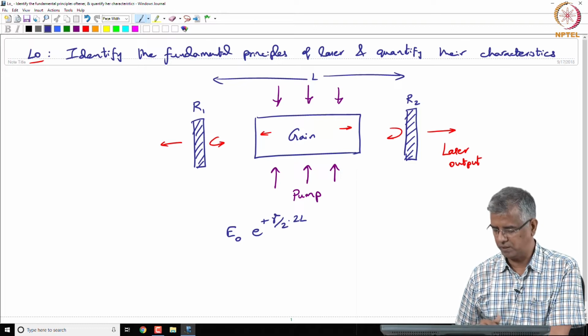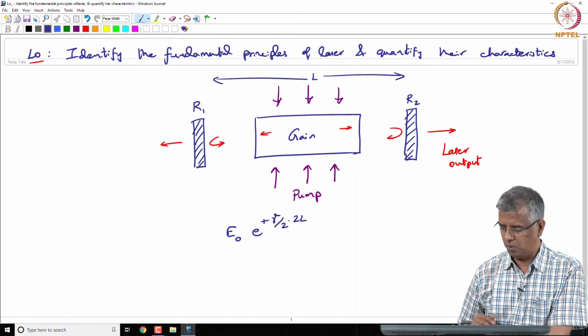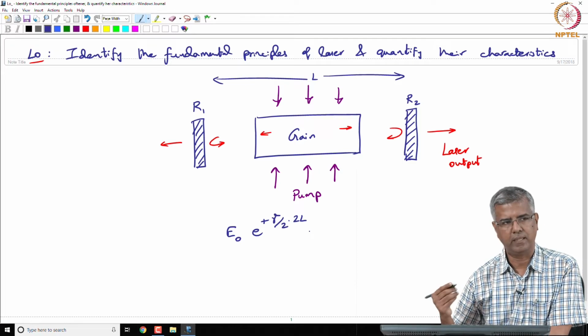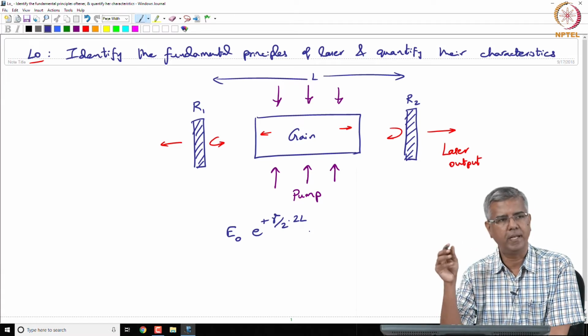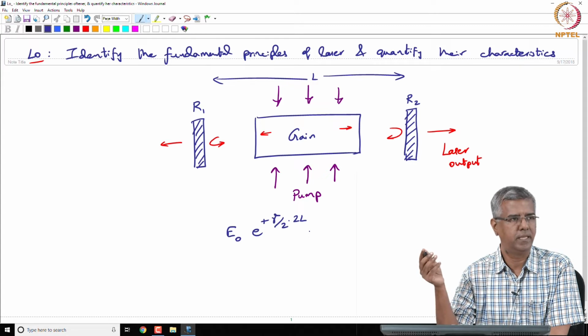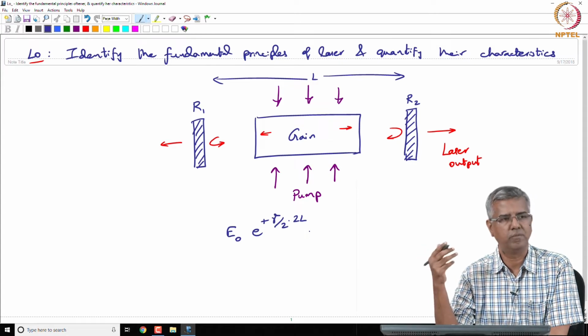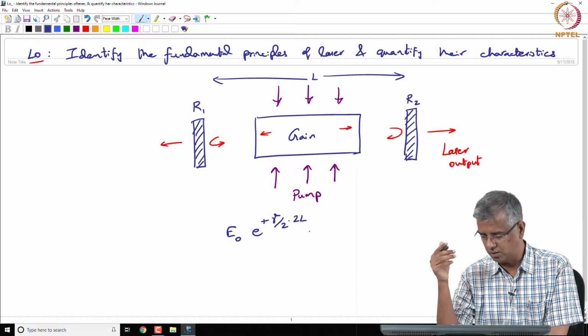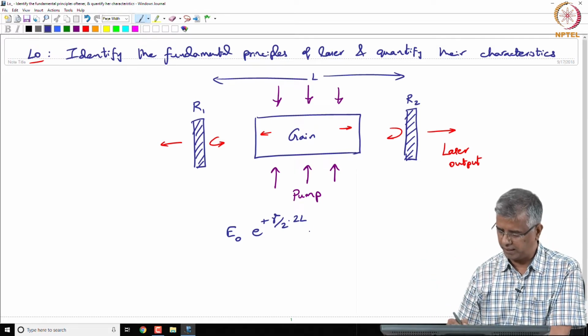Okay. How do you represent the losses? Now, of course, when light is propagating through this medium, there could be some scattering centers, there could be some spurious absorption centers. There are certain ways that you can lose photons within the cavity.